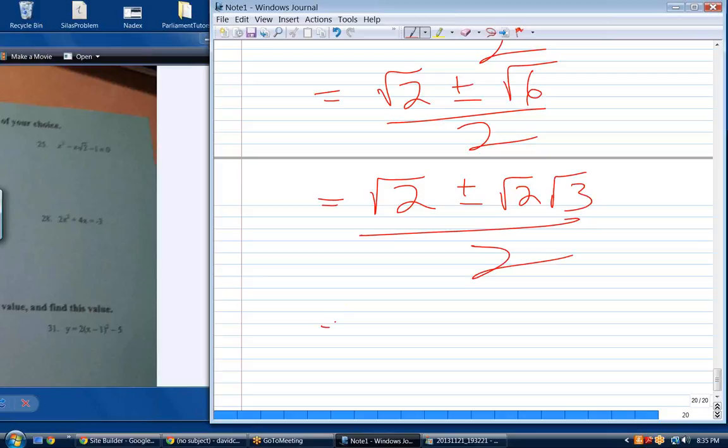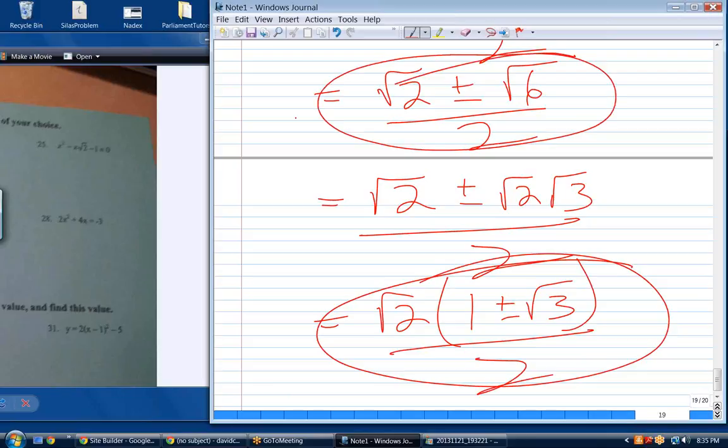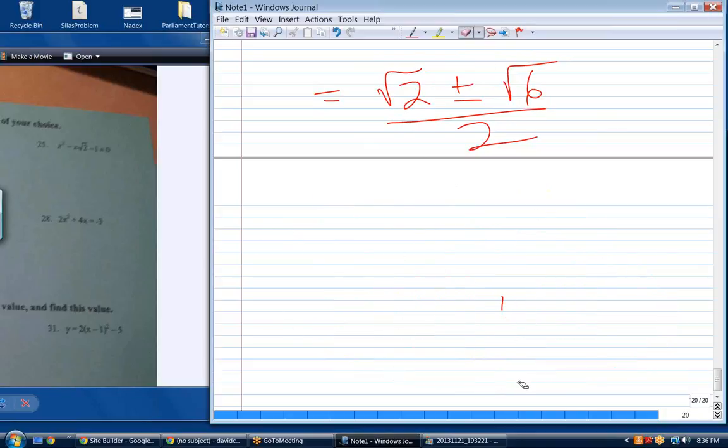I guess I could then factor out a square root of 2 from the top, leaving that. I don't think that's a prettier answer myself. I kind of like going with this right here. In fact, I've seen this problem multiple times, and this is the answer that you see in the books, not the bottom.